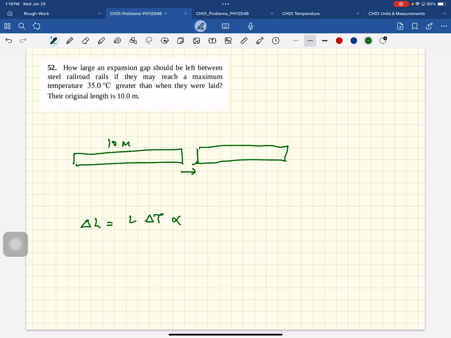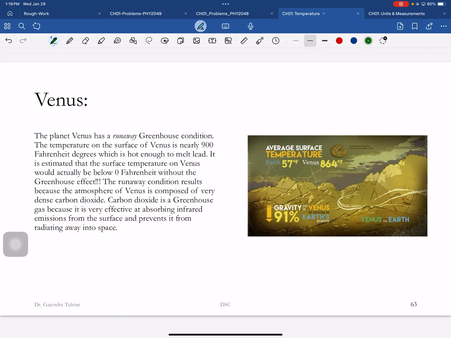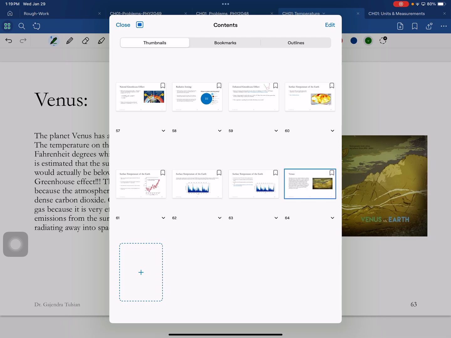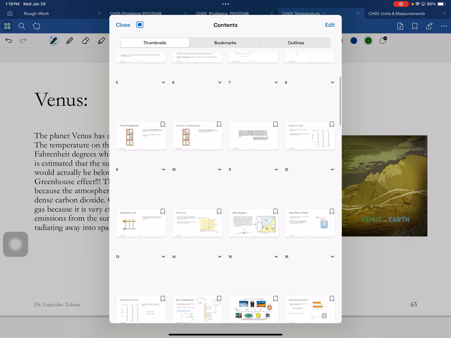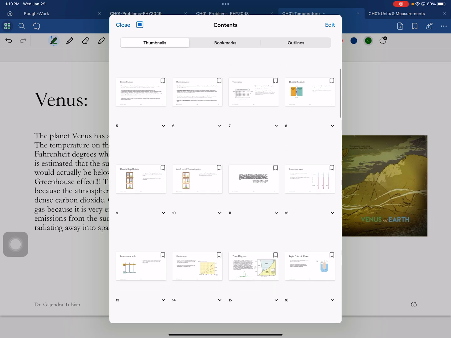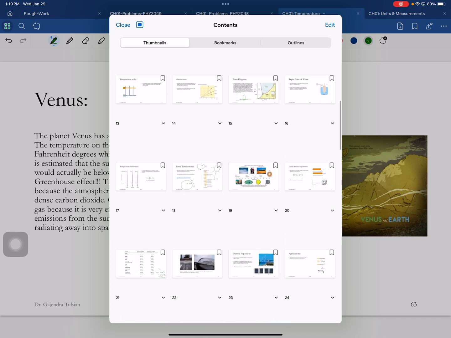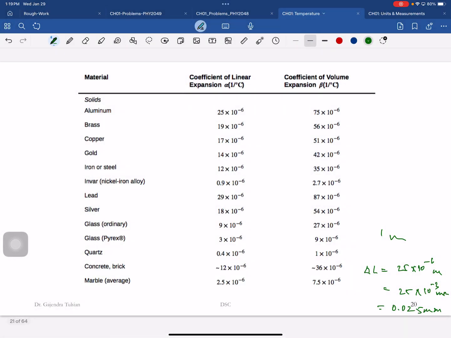And alpha for steel is 12 times 10 to the minus 6 per degree Celsius.